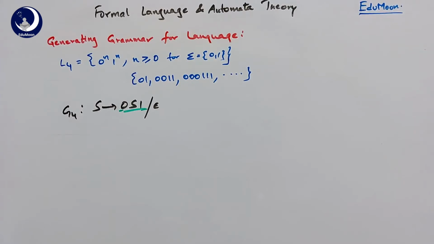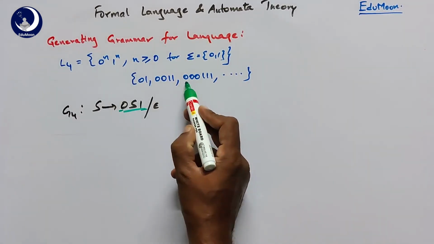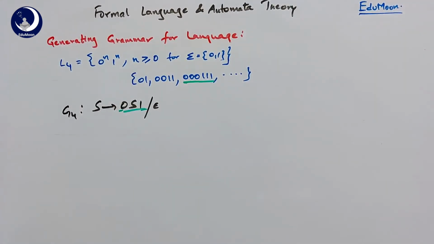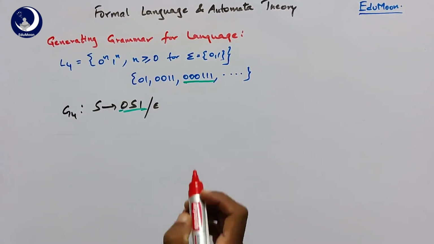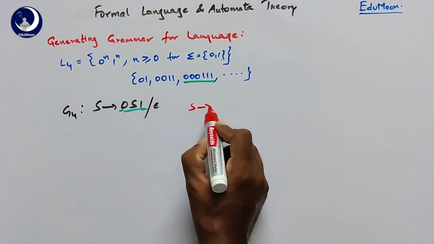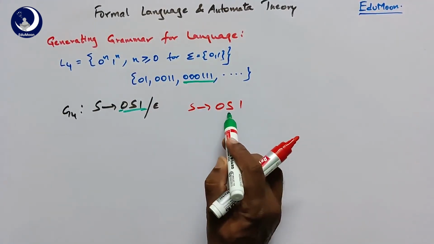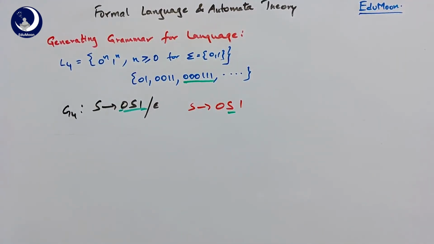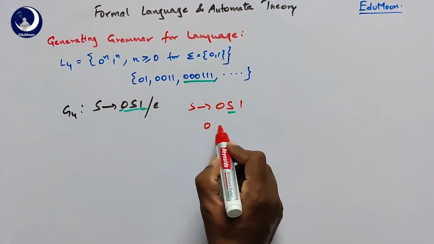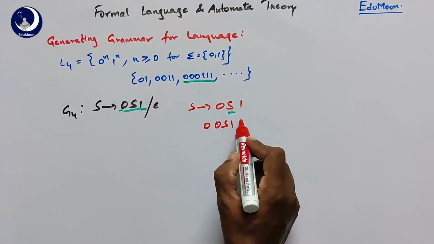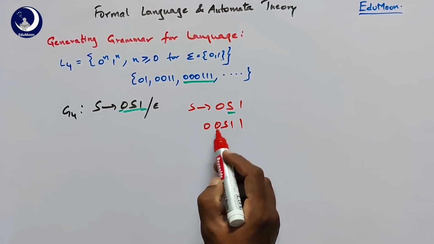So if you take any string like 000111, let us see how G4 is going to generate the string 000111 using the production rules. Initially we take S → 0S1. Now we generate S → 0S1 again. So this will be 00S11, because this is again generating 0S1.